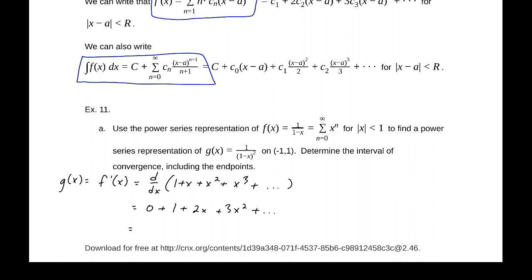Now what I want to do is write this in a closed form. And it may take some thinking for you to recognize what this is, but there is a pattern with the constants. We do have x to the n, but we're going to have an n plus 1 there. So if you plug in 0, that's 1, with x to the 0, so that's just the 1 term right there.